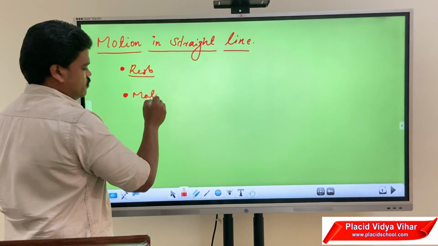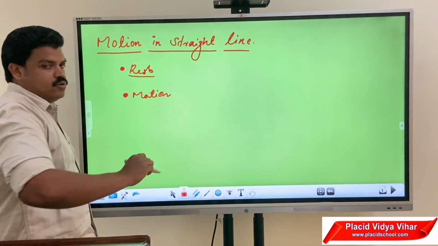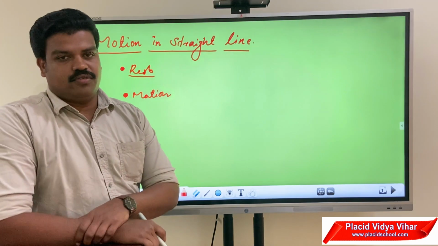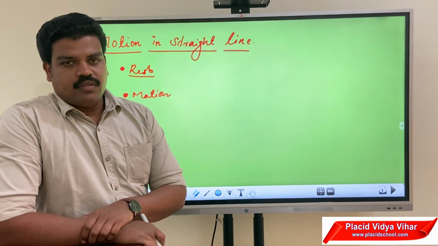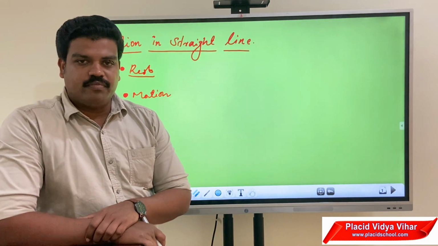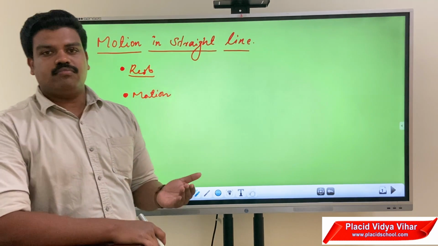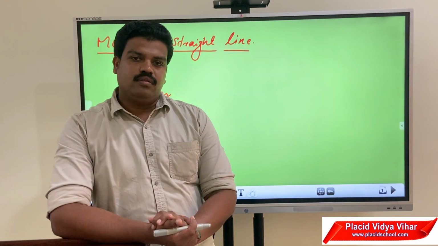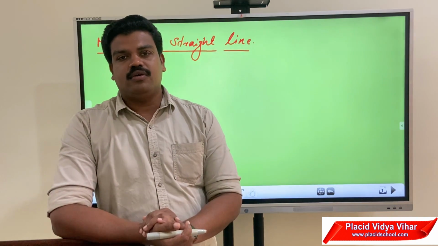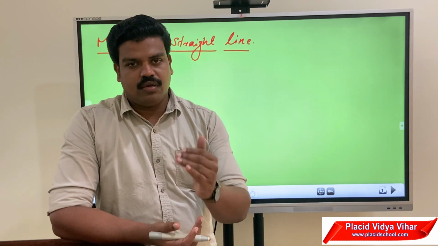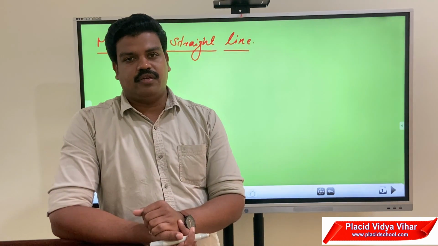As we know, motion is a relative concept. That means if the position of a body changes with respect to time and surroundings, then it is said to be in motion. Motion and rest are relative.